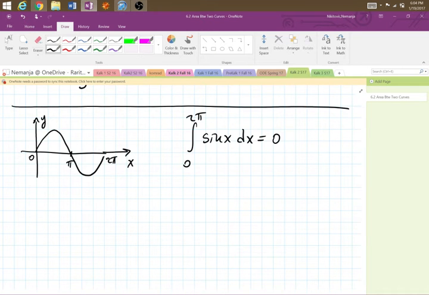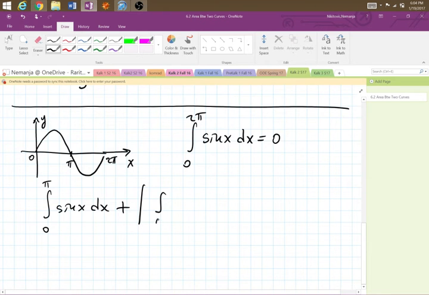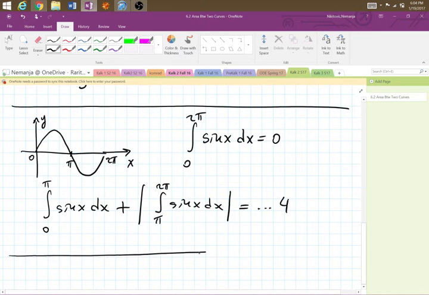But what you are going to do is take the integral 0 to pi sine x dx, and add the absolute value of the integral pi to 2 pi sine x dx. And eventually that will give you 4. So you have to be careful about that.